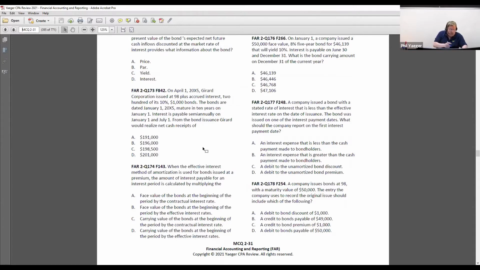Now, on April 1st, 20X5, Gerard issued at 98% plus accrued interest, $201,000 bonds. The bonds were dated January 1st, X5. They mature in 10 years on January 1st. Interest is payable semi-annually on January 1st and July 1st, right?